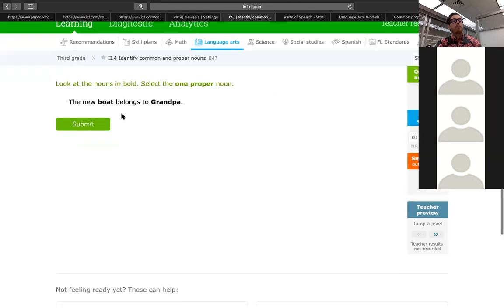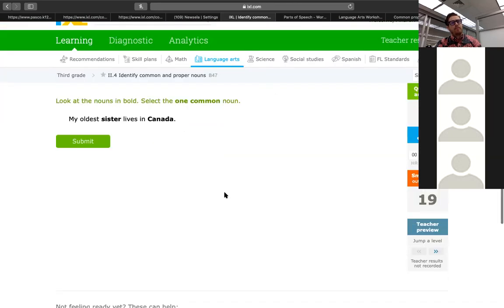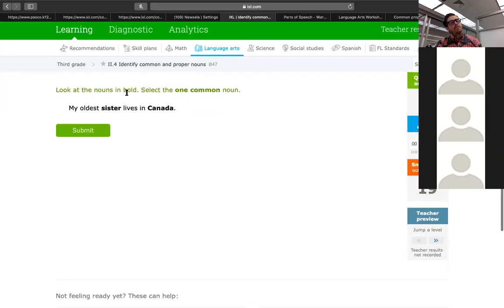Now we're looking at one proper noun. The new boat belongs to Grandpa. Grandpa, it doesn't have a name. And then we're going to look at the nouns in bold and select one common noun.